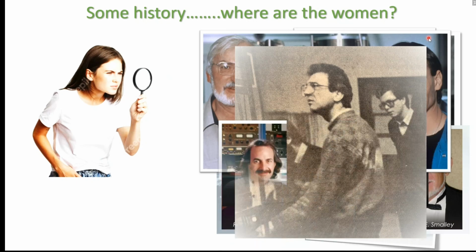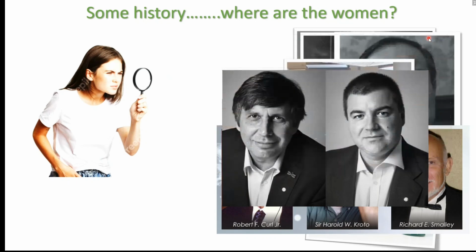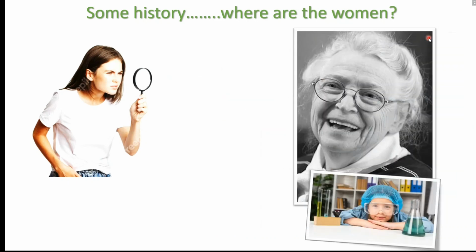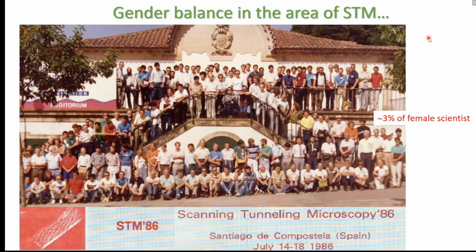And clearly, we can see that it is quite difficult to find a woman in a prestigious position in this topic. Just to have only males. Well, but this is something that was quite usual in the past.